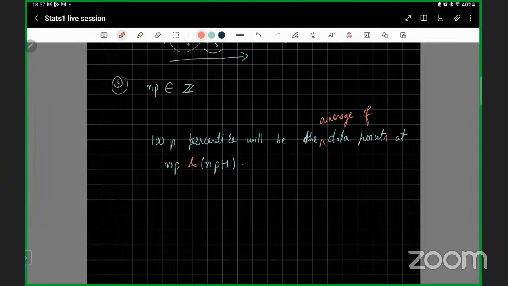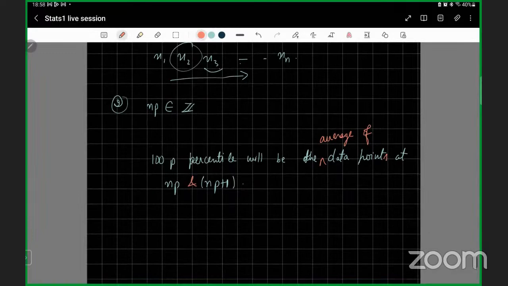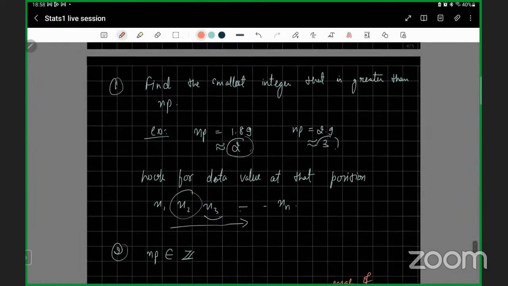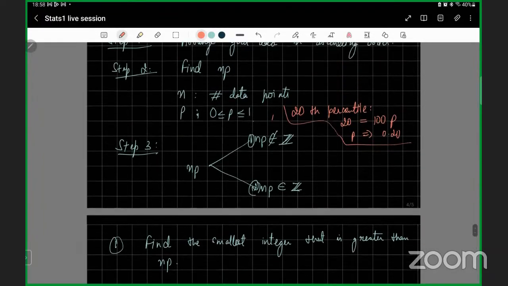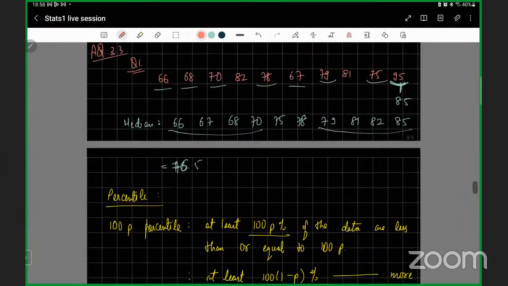If NP is 3, you look for the third data point and the fourth data point and take their average. So is the process clear? How do you find the percentile?